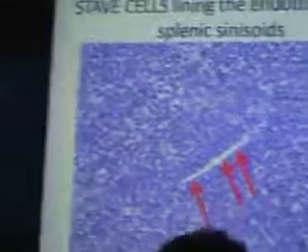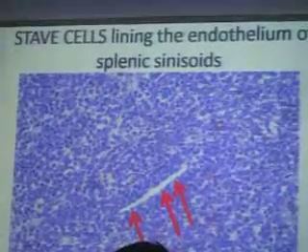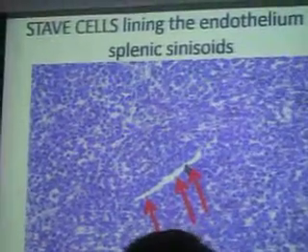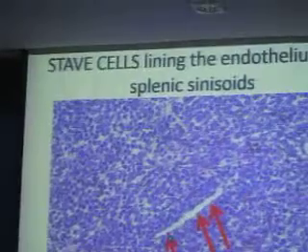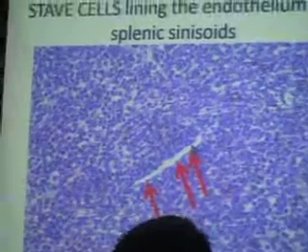Okay, another slide that we have. Here you have your Billroth cords. You can really see the cords. But here you have your splenic sinus, and this is lined by endothelial cells, and these are your stave cells.